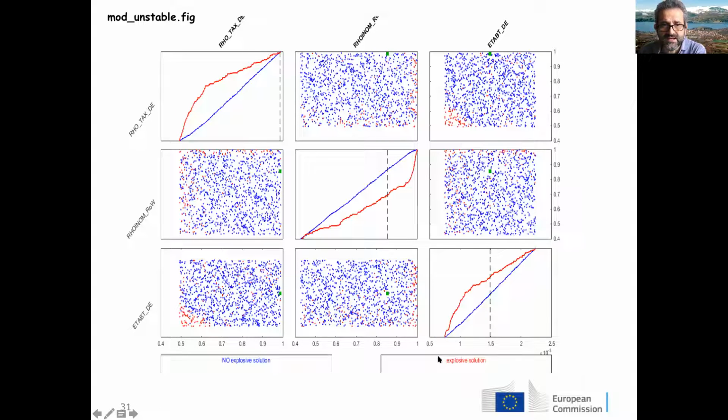Then explosive solutions are associated to other kinds of parameters. In particular, for example, this is a parameter triggering the stability of debt. It's a debt stabilization rule. If the parameter is too small, you might have explosive solutions, for example.